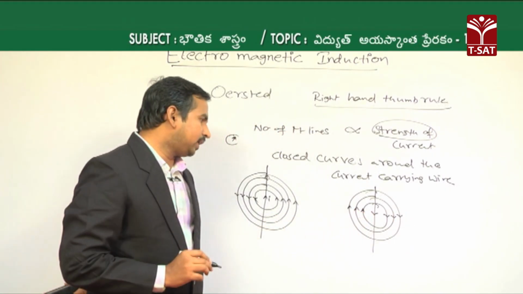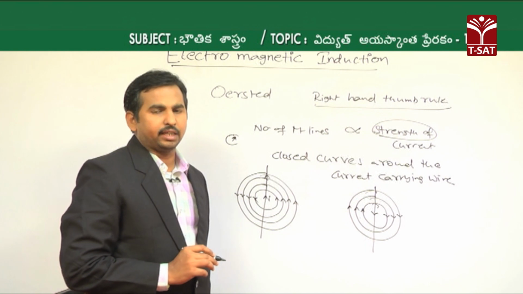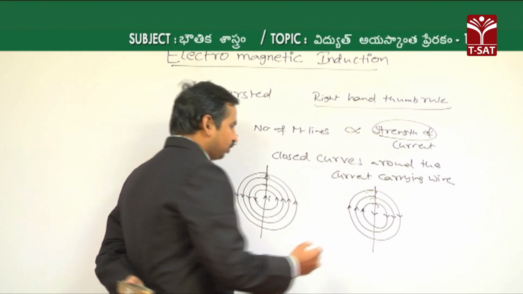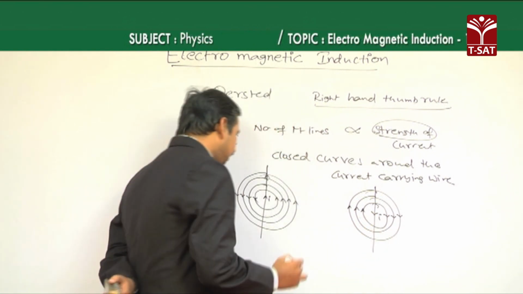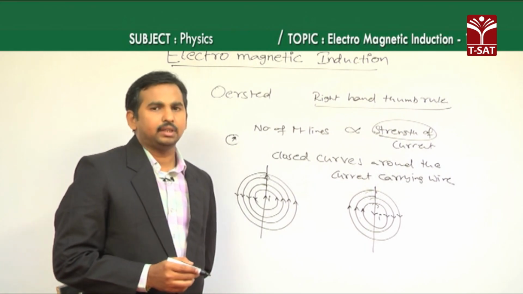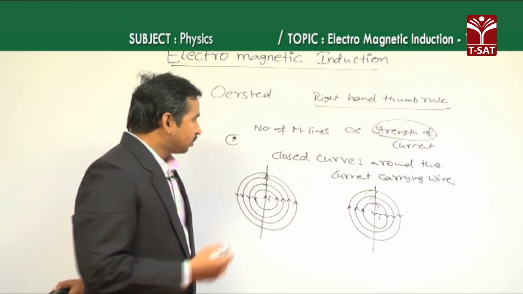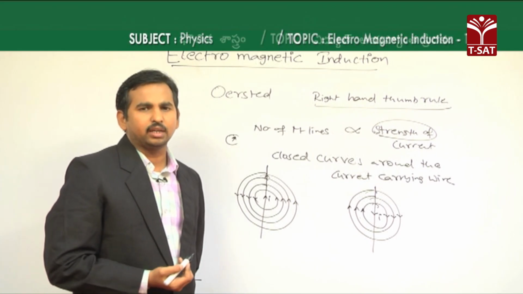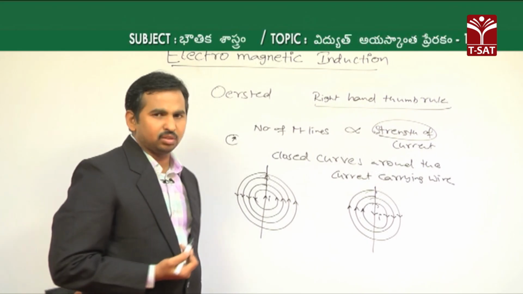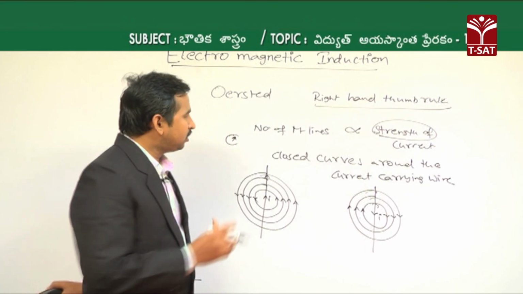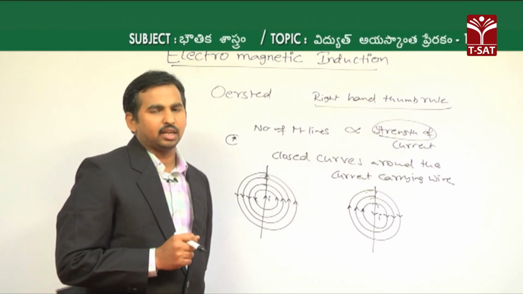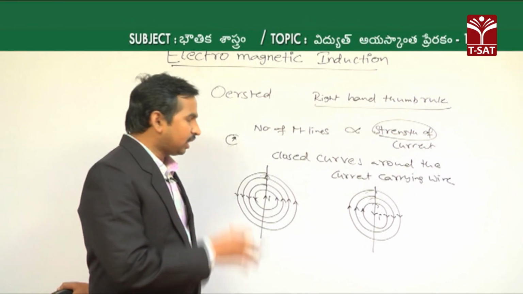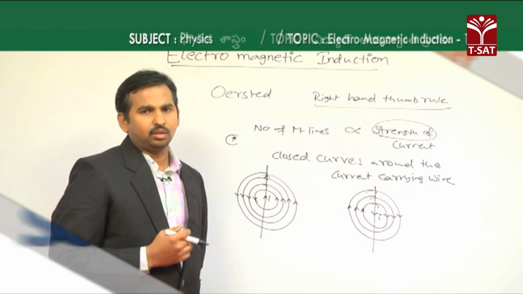Like this we get the direction of magnetic lines of force for downward and upward current. If you increase the current more and more, the number of magnetic lines around it also increases. These are the properties of magnetic lines of force around a straight conducting wire.